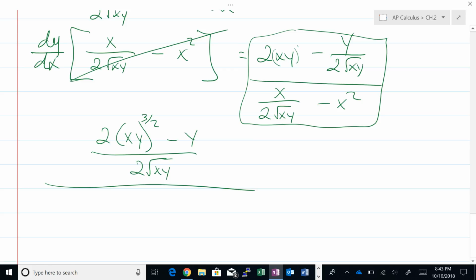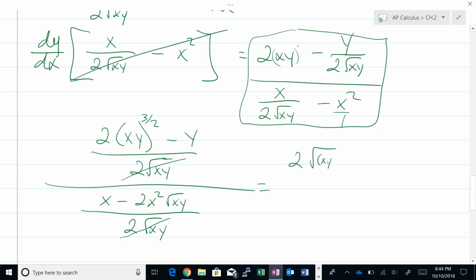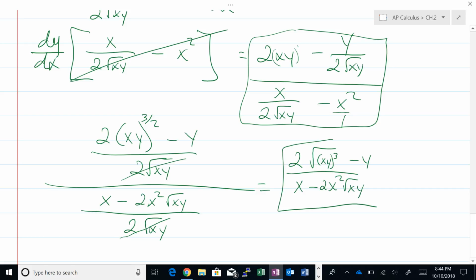The bottom is going to be x minus 2x squared square root of xy, all over 2 times the square root of xy. And you're allowed to do this. That cancels with the denominator here. So I'd have 2 times the square root of xy cubed minus y, all over x minus 2x squared square root of xy.